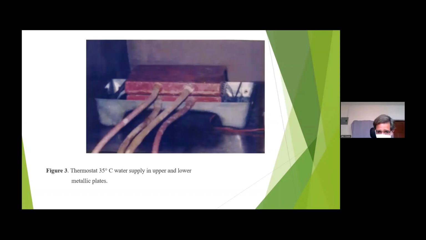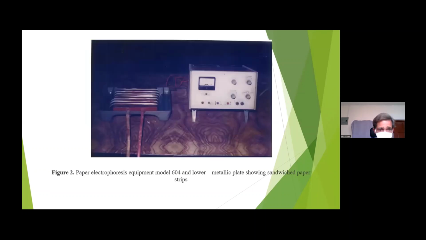Figure 3 shows the water supply in the upper and lower metallic plates. Figure 2 is the paper electrophoresis equipment model 604 and water supply in the lower metallic plates. This also shows the paper placed on the lower metallic plate.